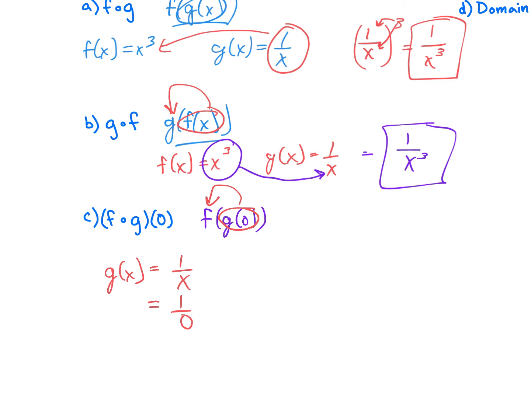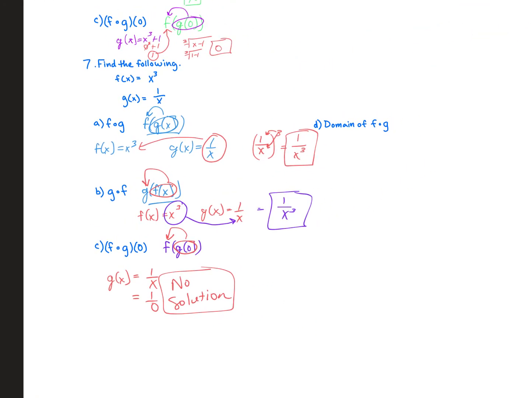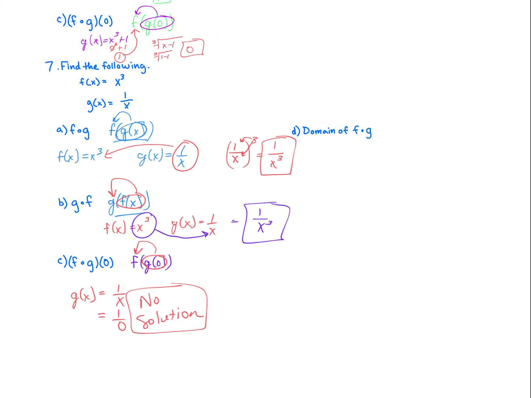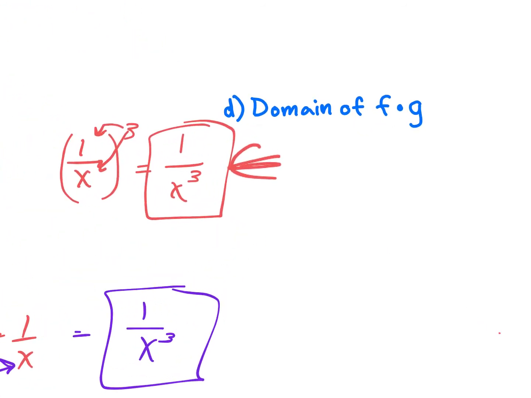So is there a solution to this problem? No. You guys could tell me no solution. Does not exist, something like that. Okay, hypothetically speaking, guys, I asked you what the domain was for this function right here. What would you guys tell me the domain would be?